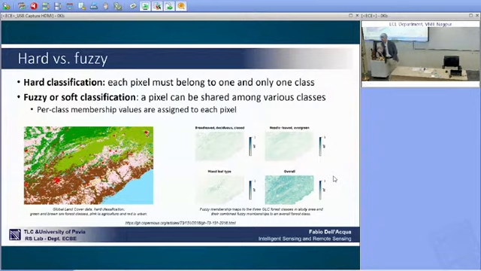Why should I accommodate, why should I plan for mixed pixels? And so go for fuzzy classification. Because I need to be able to handle cases where the spectral response is mixed, so it doesn't look like anything that I have seen in the training set.